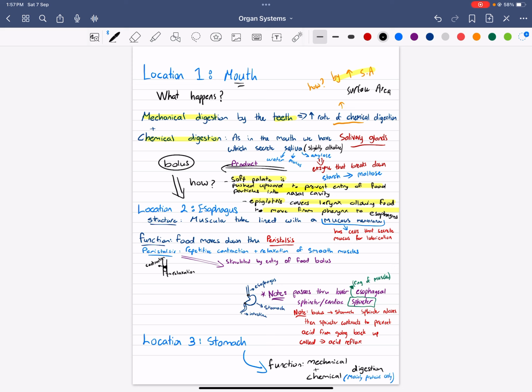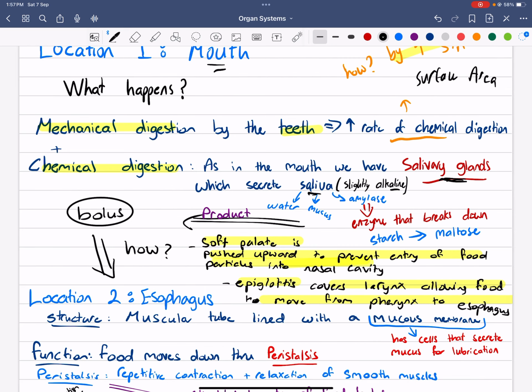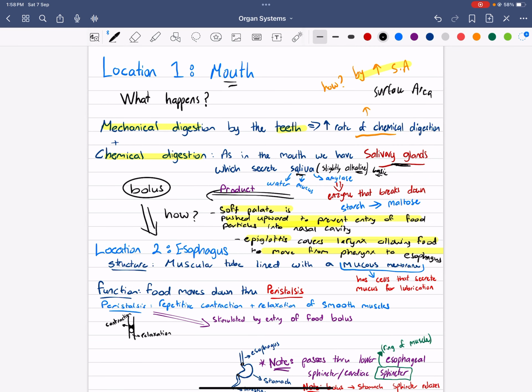In the mouth we have the salivary glands, which are an accessory organ. They secrete saliva, which is slightly alkaline, which means basic. Now what does saliva contain? Saliva contains water, mucus, usually for lubrication of the food, and an enzyme called amylase.